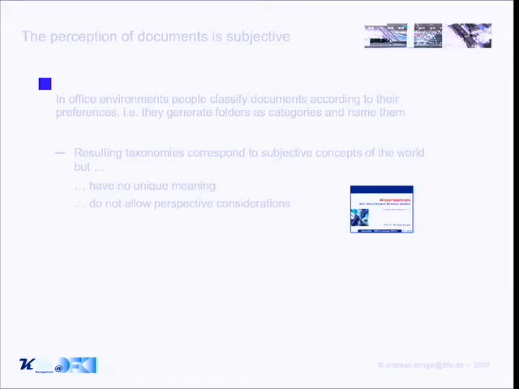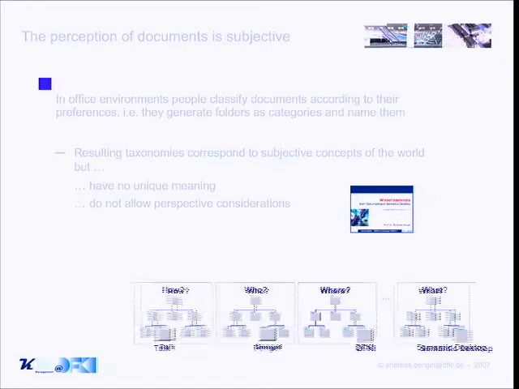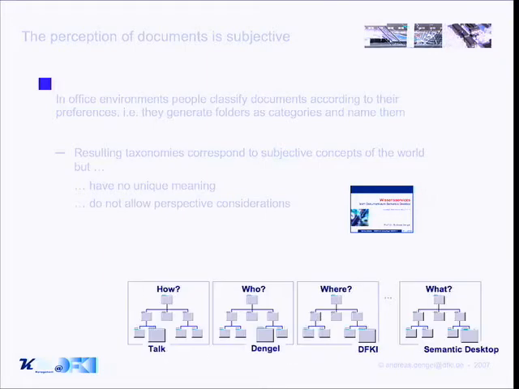Where to store this talk? Where to store the slides? Because on an abstract layer, information has different dimensions: a who, a what, a where, a when, a why dimension. And it's always hard to put this information in one folder only, because the situation later on requires another perspective on the information. So the question is where to store the information.